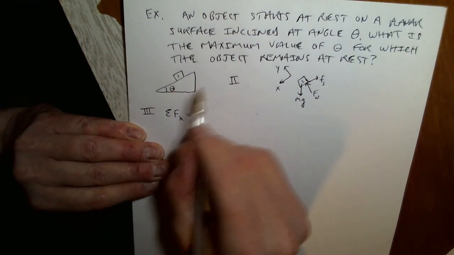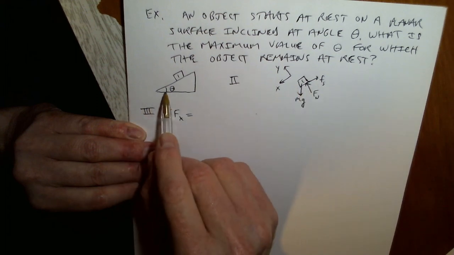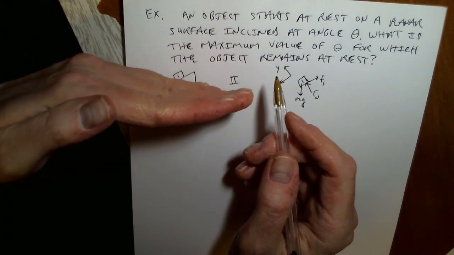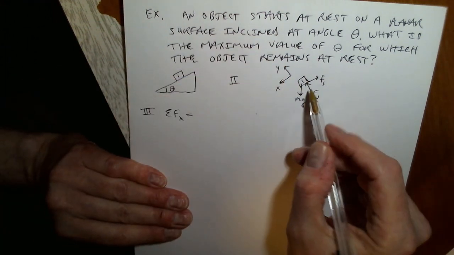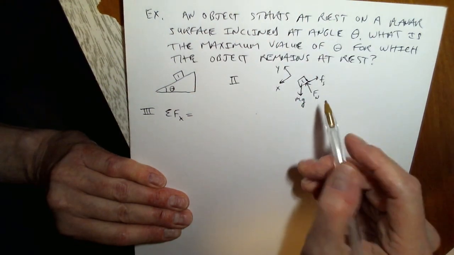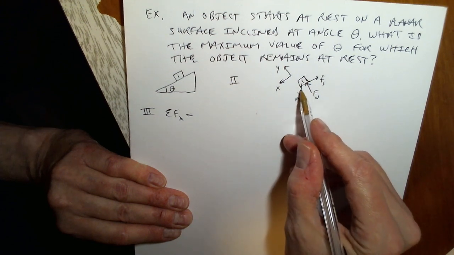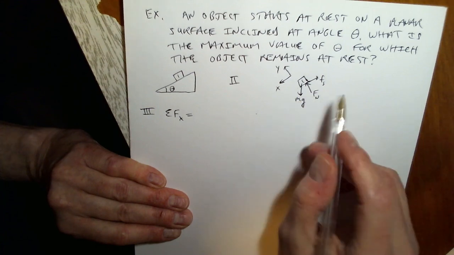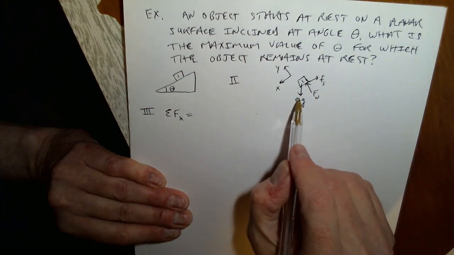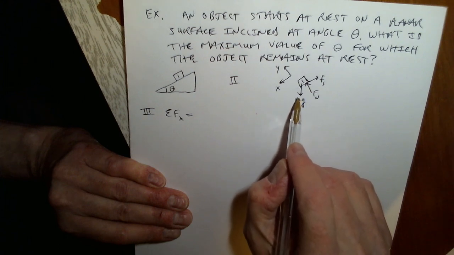And if you remember my technique for finding the angle in this picture, if this angle theta goes to 0, so that the incline is no longer inclined, it's horizontal, then the x direction goes horizontal, the y direction goes vertical. The normal force goes vertical. So the angle between the normal force and the weight goes to 0, because the weight doesn't change its direction. It doesn't depend on the angle of the incline. The normal force does, and the static friction does, but the weight doesn't.